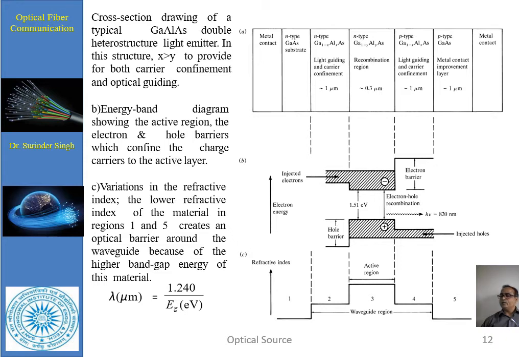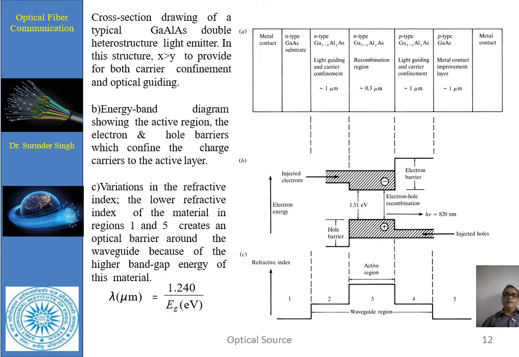There are two types of confinement to be achieved in this double heterostructure. One is carrier confinement, and another is optical confinement.